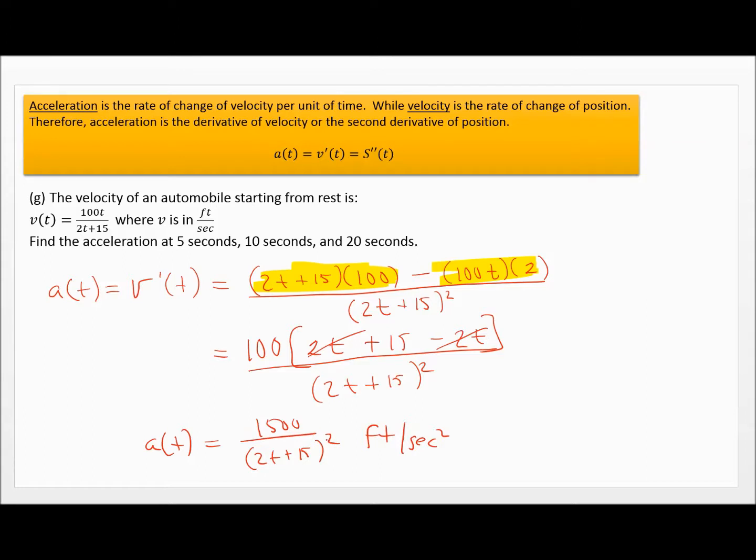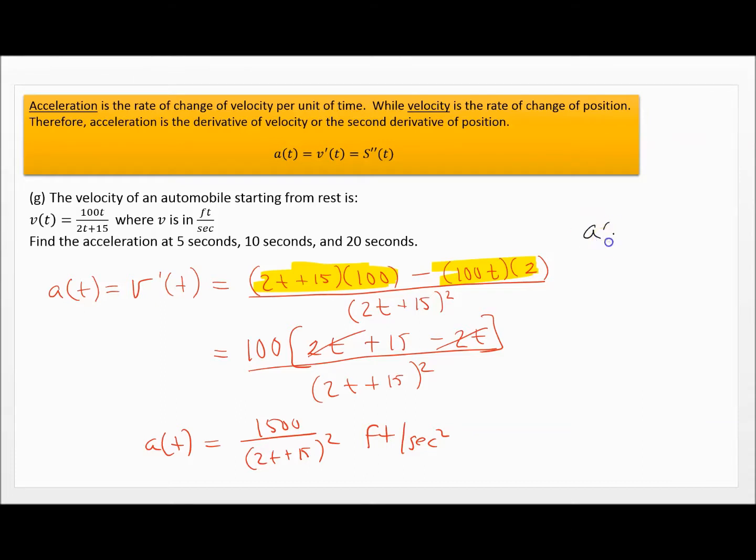Now, again, I'm supposed to plug in 5 seconds. I could have done that at my very first step up here. If you fear simplifying errors, that might be worth doing. But you're not always plugging in a value, and then in that case you would need to simplify your a of t. But we're plugging in a value, so let's do it. So first I'm going to plug in 5.